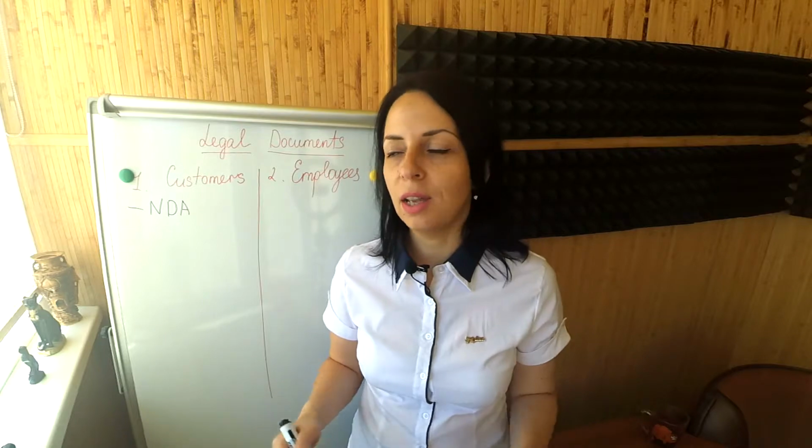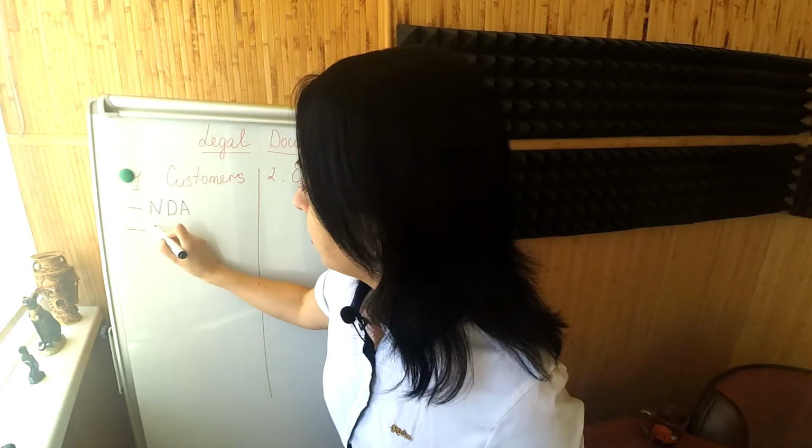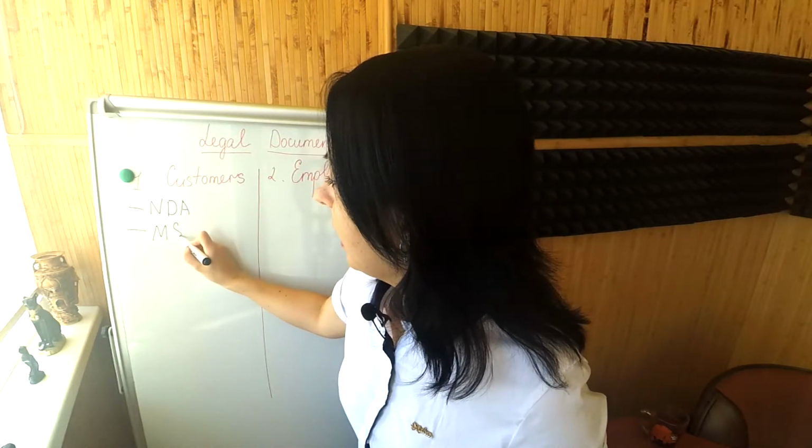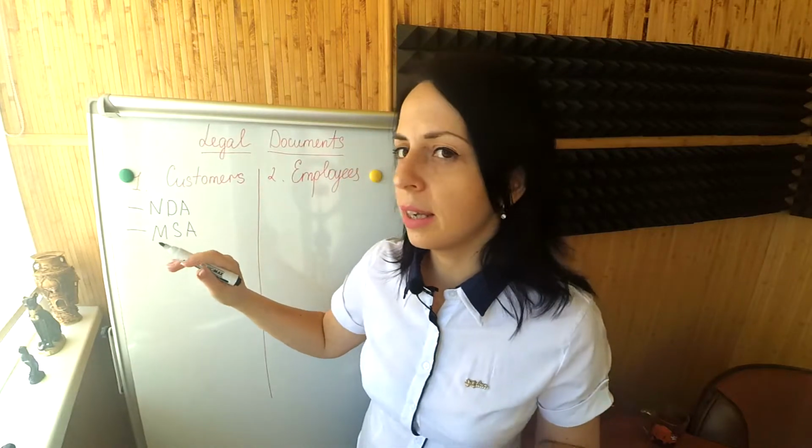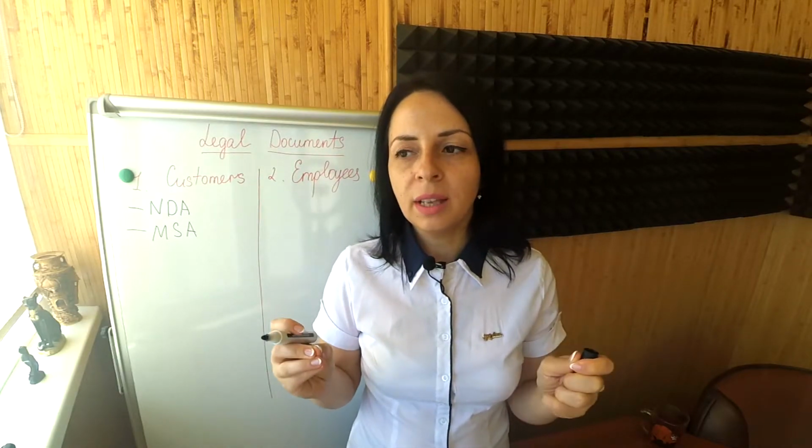Now, another document that you will have to sign with the client is the MSA. MSA is a Master Service Agreement. A Master Service Agreement is the main document that will outline your relationship with the client.